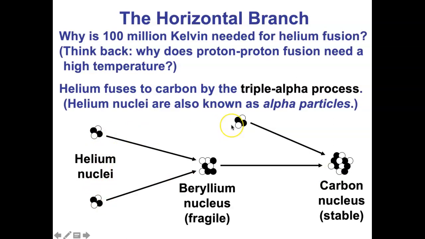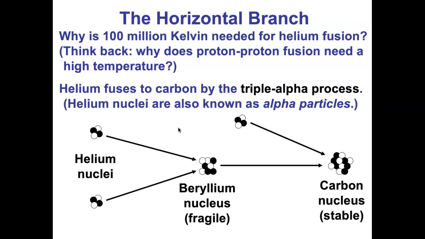These 3 heliums all have more electric charge, which means the electric repulsion is stronger, and that means these atoms need to be going even faster. They need to be even hotter. They need to be colliding much hotter, much faster, so that they can glue together by the strong force and not push each other away by the electric force.